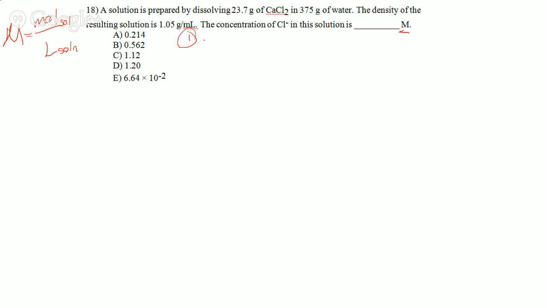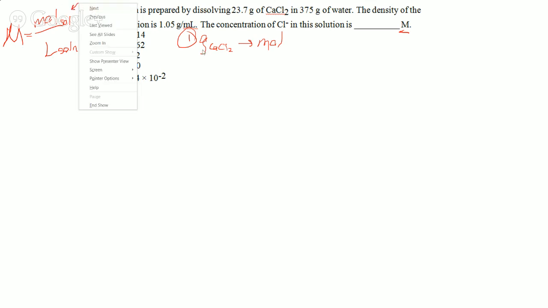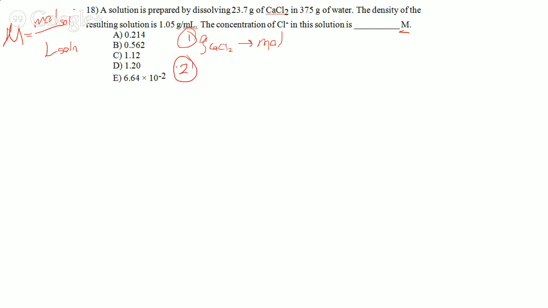First step is we're going to have to convert grams of CaCl2 to moles because we need it in moles, not grams. Once we got that, we got to figure out the liters of solution part. Well, they use the density, so we use the density to give us liters because we're going to have the mass and we know the density so we can find the volume.